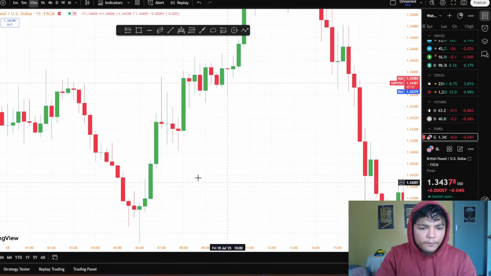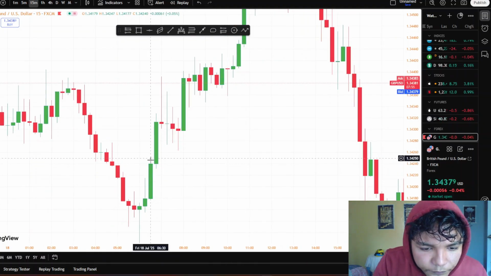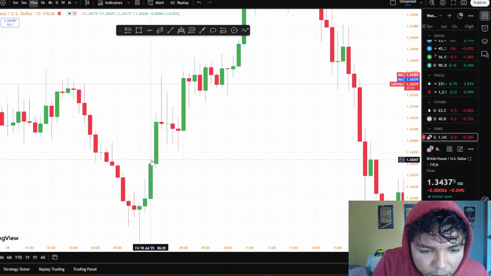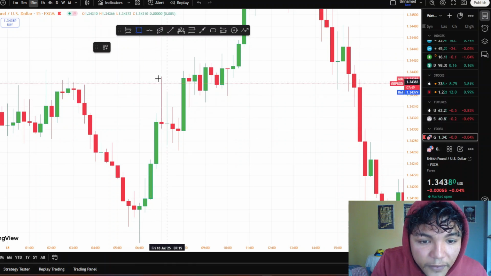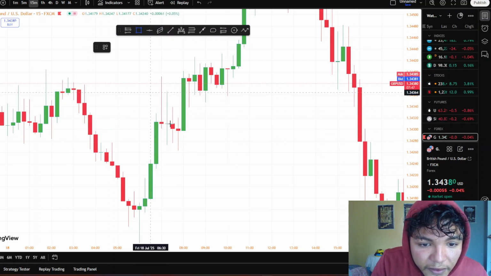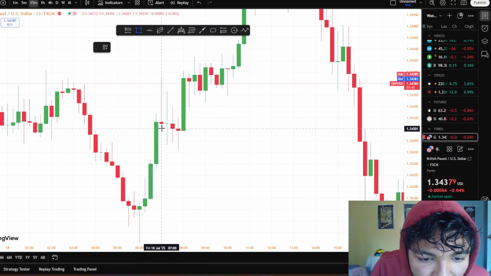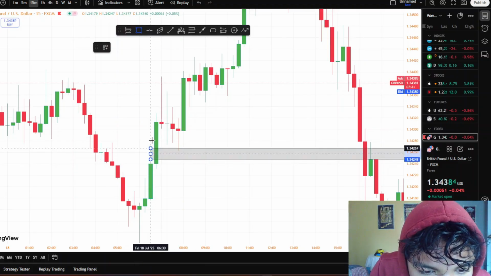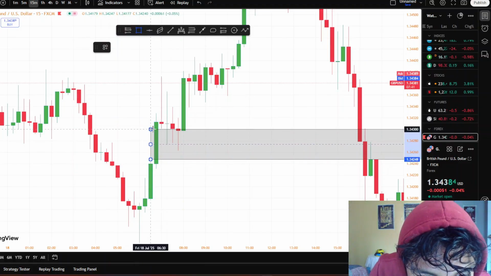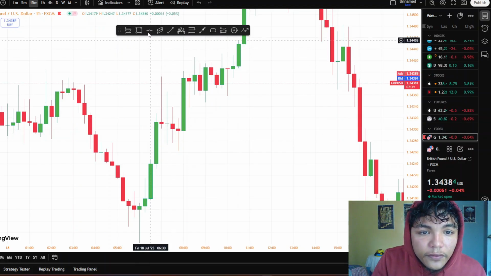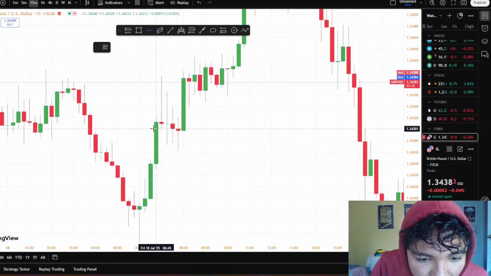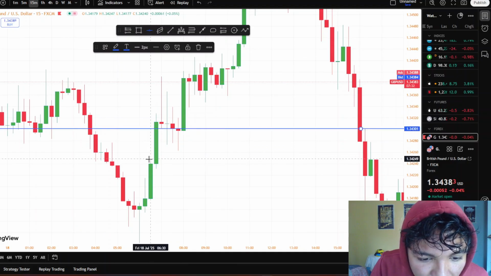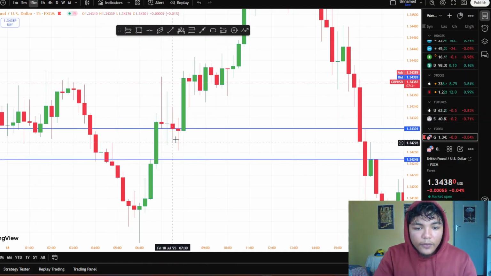So as you can see by this wick here, this wick connects to that one, this wick here doesn't connect to this wick. Okay. So if current price was here, this candlestick would have been green, and then this one would have left a gap right there. Okay. So this would be the gap, because this wick ends right there, and this wick ends right there, and there we have the gap.